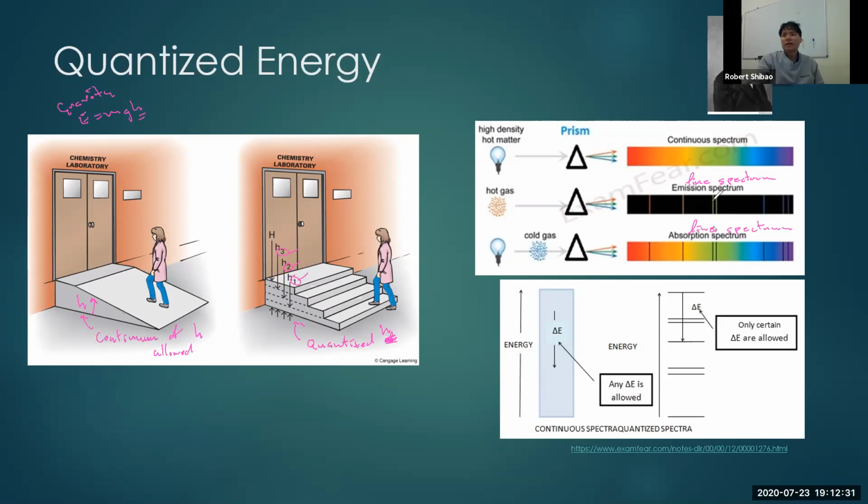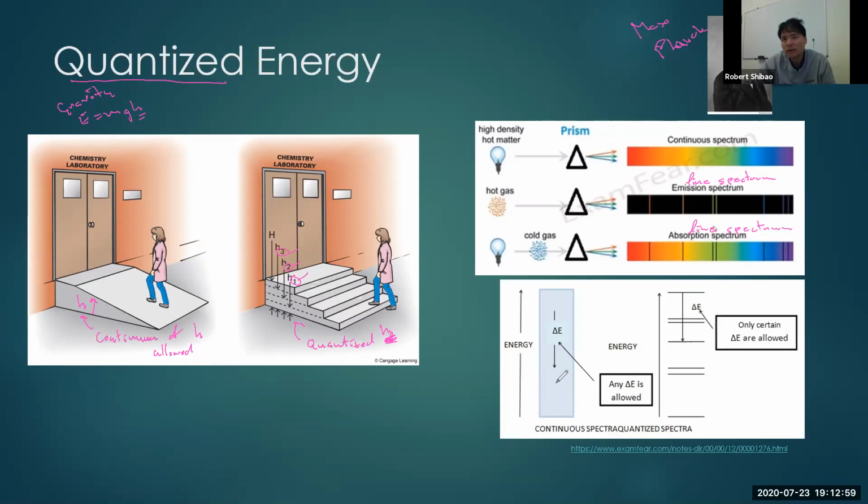Well, that's the thinking here. This guy is Max Planck, P-L-A-N-C-K. He was a physicist, and he came up with this idea of quantized energy.